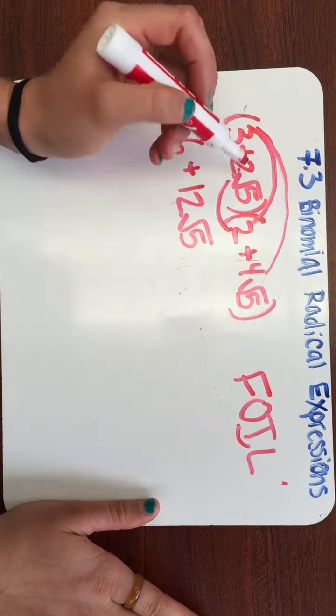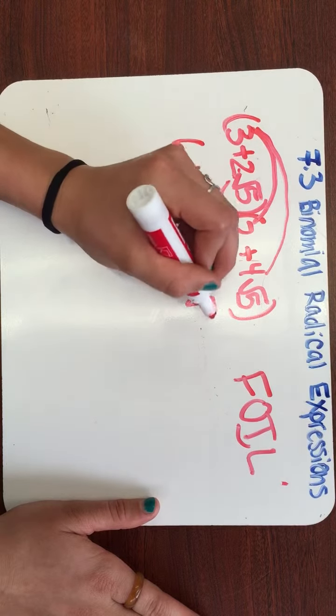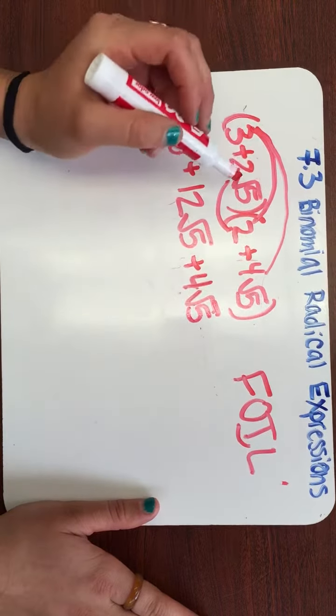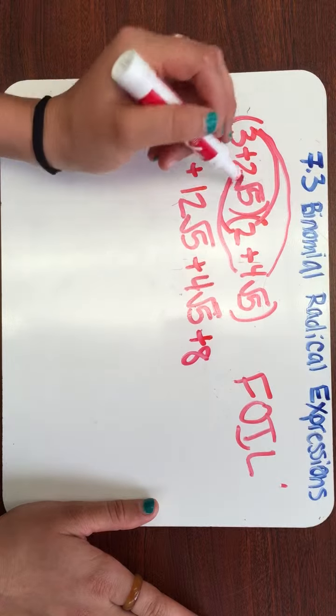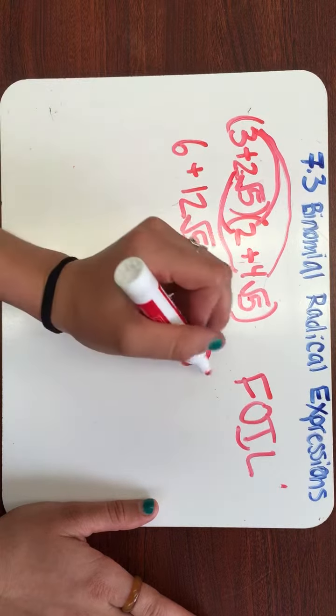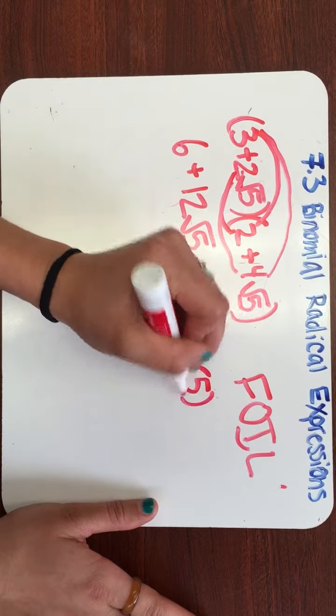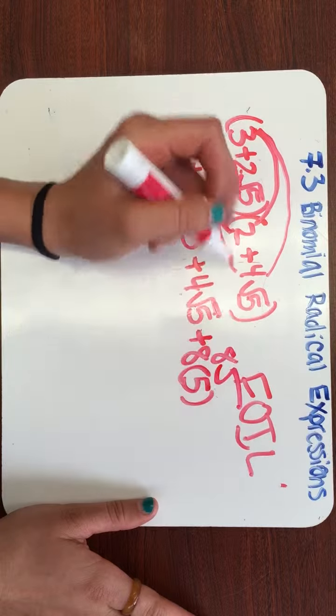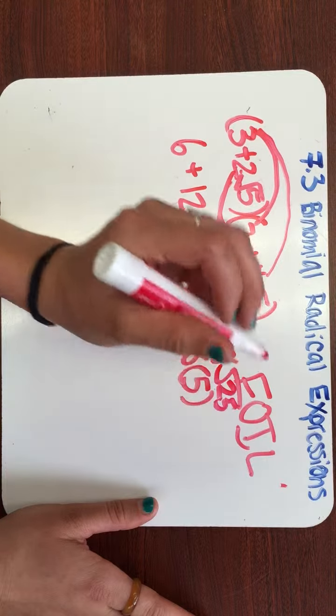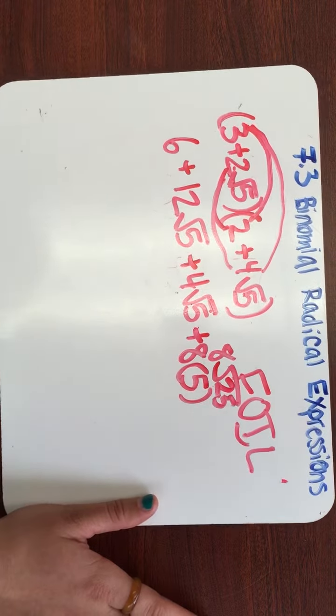Inner is 2 times 2 is a 4 square root of 5. And last, 2 times 4 is an 8. Square root of 5 times square root of 5 is a 5, and that's because the square root of 5 times the square root of 5 is the square root of 25, which is just 5.